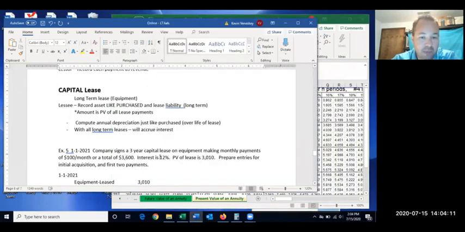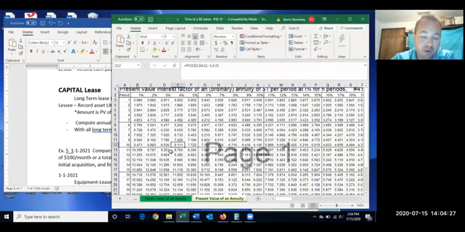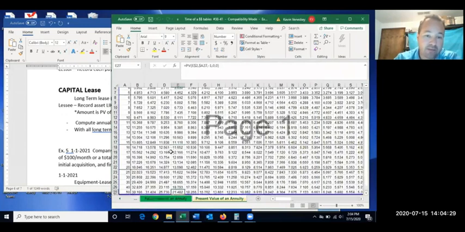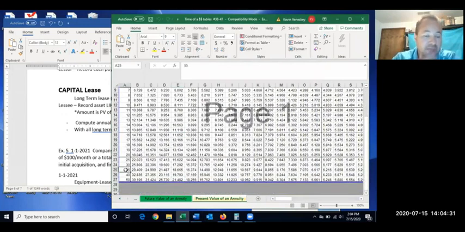You could have said, okay, my interest, remember your interest, we wouldn't use 12% because we're paying every month. So it would be 12% divided by how many payments in a year? So 12 divided by 12 is 1. We're making 36 payments. Oh, this is why I did it like this. Our charts don't have 36, it has 35.